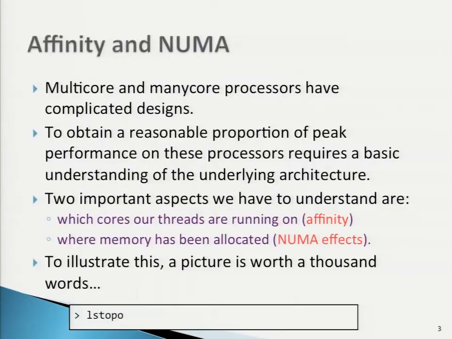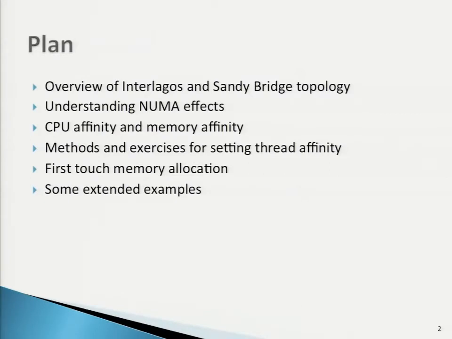So I'm going to start the talk today with an overview of the Interlagos and Sandy Bridge topology and point out some key similarities and differences between the two architectures, and we'll start to get an idea about how some of these features might affect performance when we try to scale to using multiple sockets. We'll have a look at what we call NUMA effects, and then we'll look at CPU affinity and memory affinity, where we can get more fine-grained control of exactly which cores our threads are running on, and over where exactly in memory we store the data that we want to operate on.